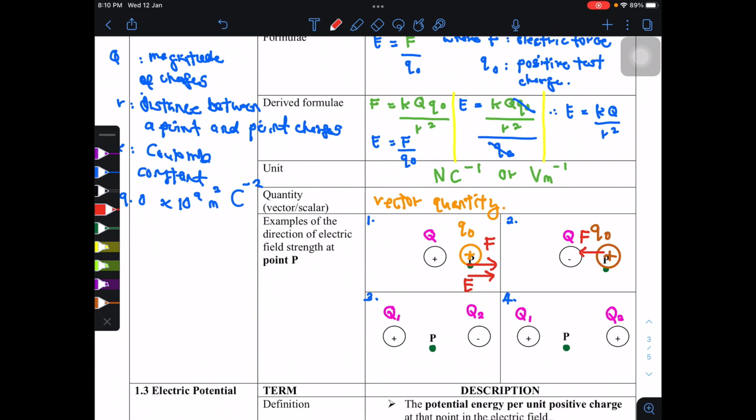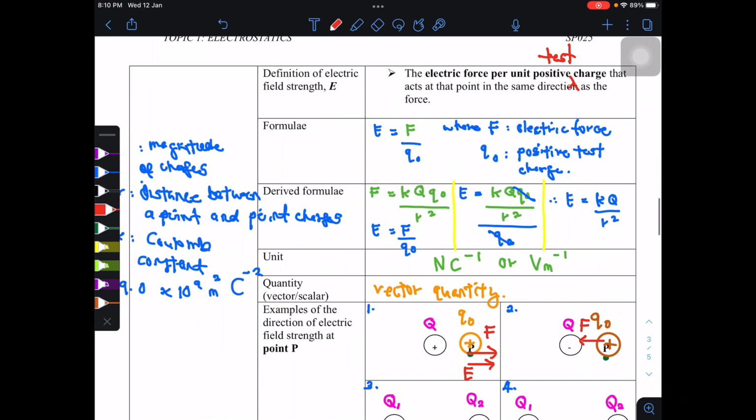Again, for the direction of the electric field strength, it is the same direction as the force. This means we are going back to the definition of the electric field strength, the electric force per unit positive test charge that acts at that point, in the same direction as the force.